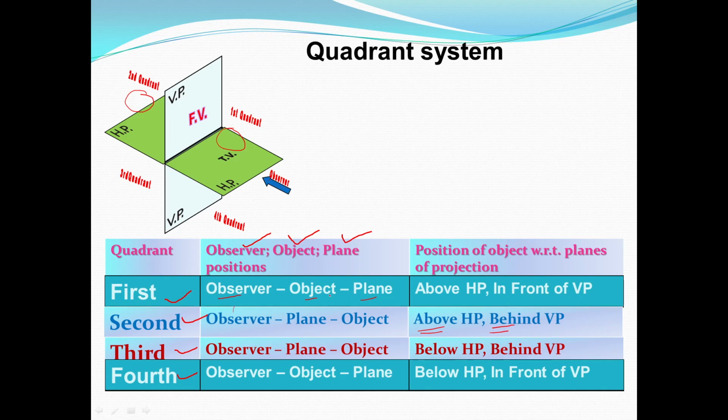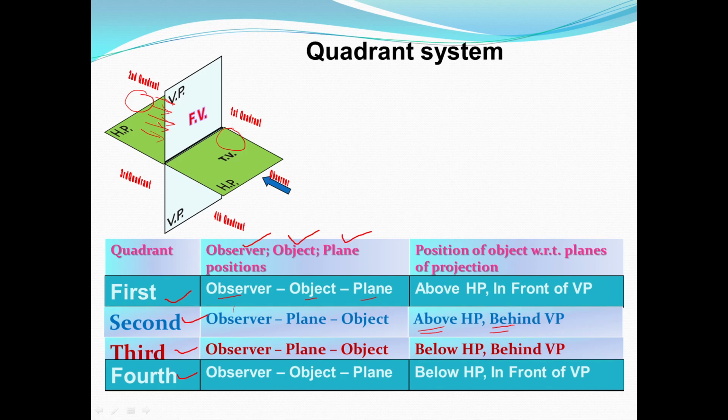So you can see a change in the combination: observer, plane and object. The projections are coming on the backside, on the front vertical plane.